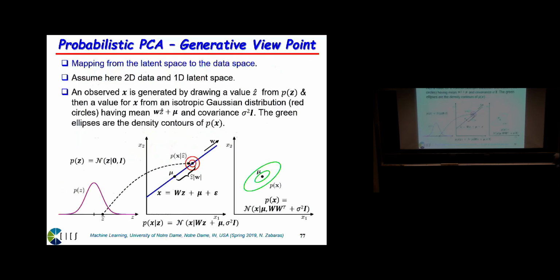So pictorially, you can think of X as a two-dimensional vector, and Z, so you do dimensionality reduction down to one dimension. P of Z is a nice Gaussian. So you sample Z, and for each sample Z, you compute a Gaussian that is centered around WZ plus mu, so mu plus WZ, and then you put some isotropic noise around. So that's the distribution P of X given Z. The key thing here is this generative model, right?